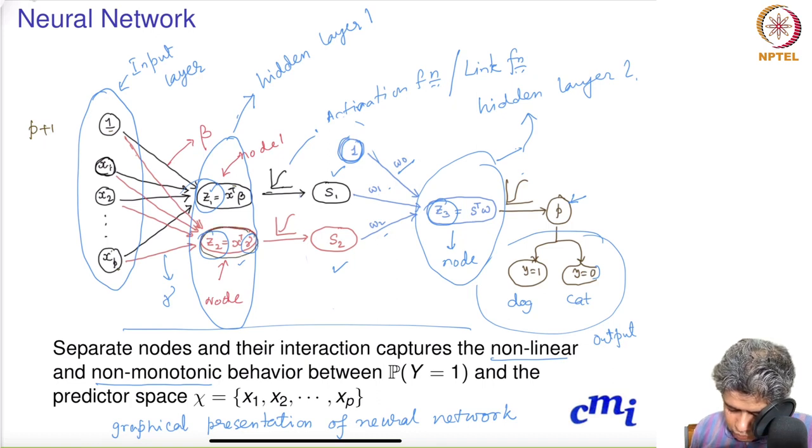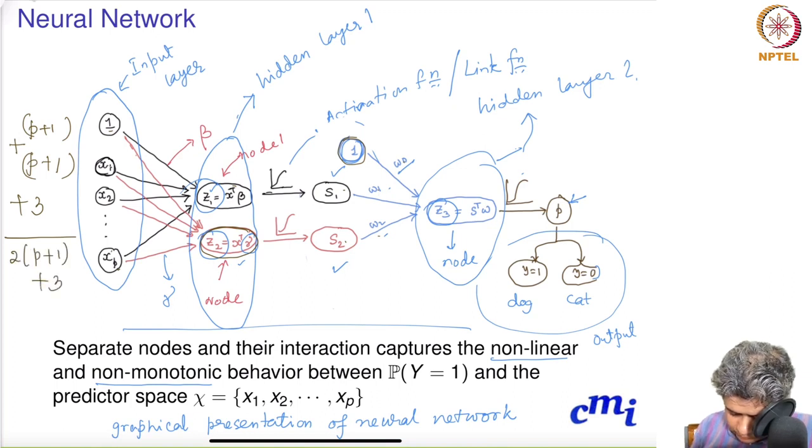So p plus 1 plus p plus 1, and then these 2 nodes activate and you get s1 and s2, and then 1, 2, and its intercept, so 3. So 2 into p plus 1, plus 3.